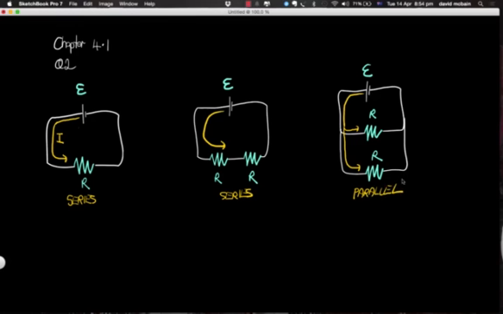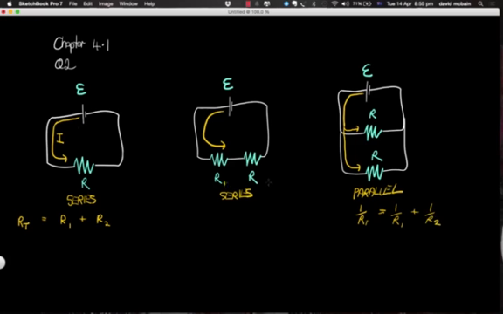Alright, now a few golden rules to remember about each of these types of circuits. Firstly, in series circuits, the total resistance is simply equal to the addition of whatever resistors are in that circuit. So here the total resistance of the circuit will be R, here it will be R plus R again. The formula to work out the total resistance in parallel circuits is 1 over RT equals 1 over R1 plus 1 over R2.